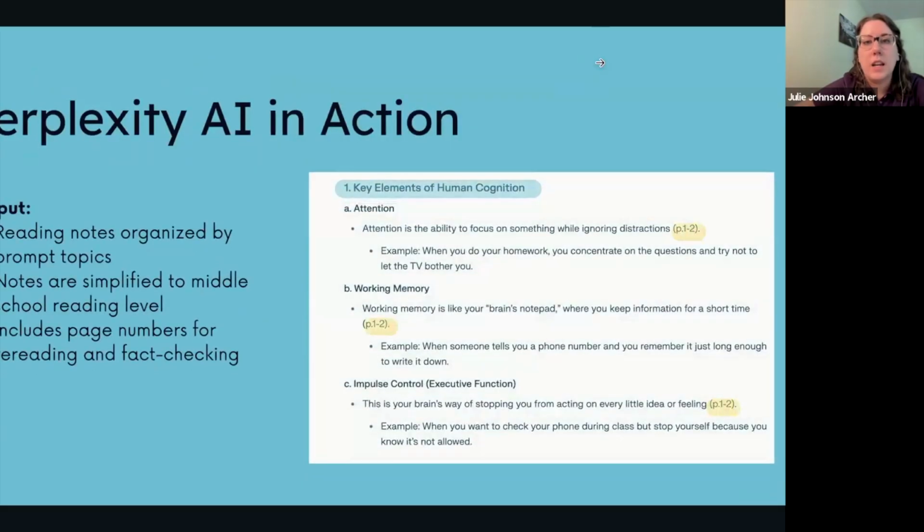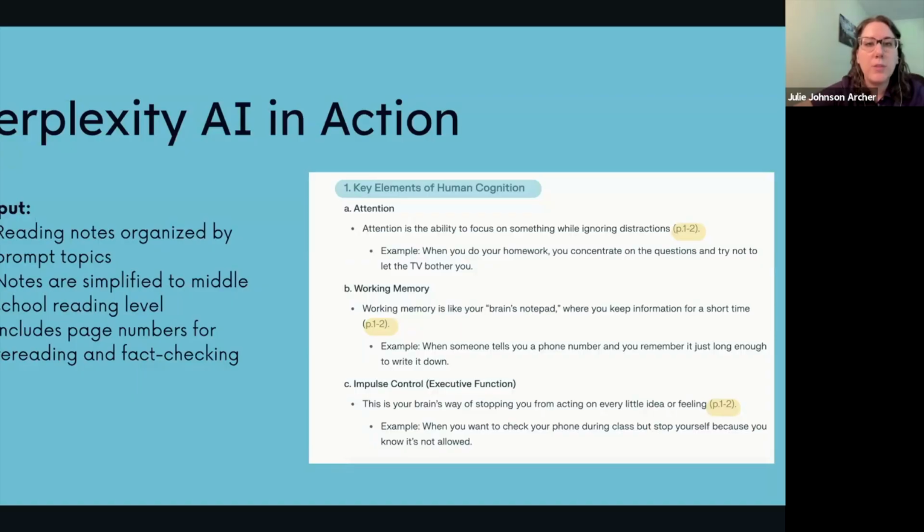So this is the beginning of the output from Perplexity. And notice that the reading notes are organized by the assignment prompt topics, but they do not answer the prompt questions for the student. This is just a way of organizing the notes by topic.